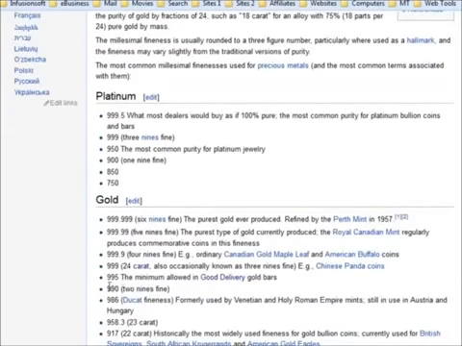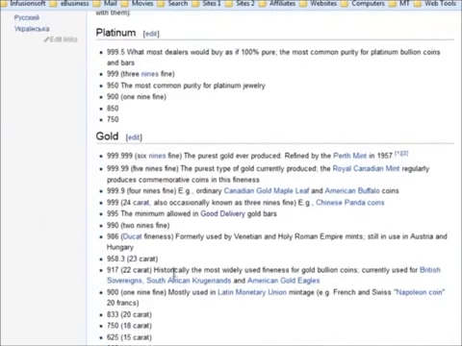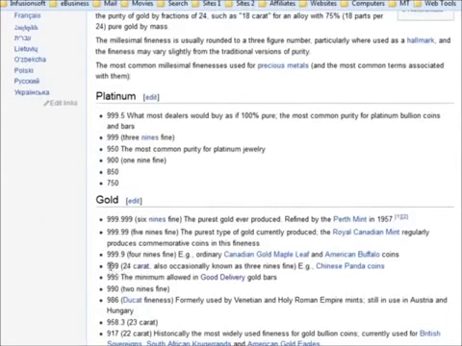If you have a look at gold here, you can go right down. 18 carat is regarded as 750. This is 9 or 10 carats, there's 400 odd. And we're up here. Let's have a look. 999 is regarded as 24 carat. And 999.9 is what our Karatbars is manufactured to, the standard fineness to which it's manufactured.